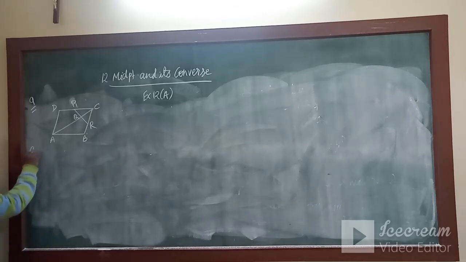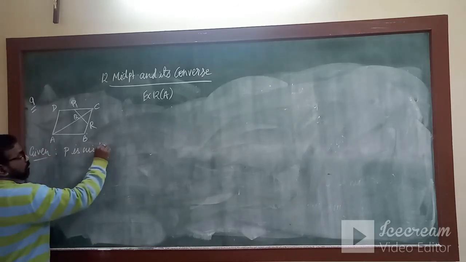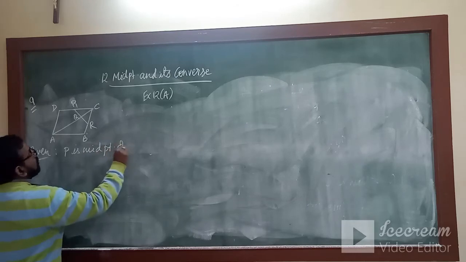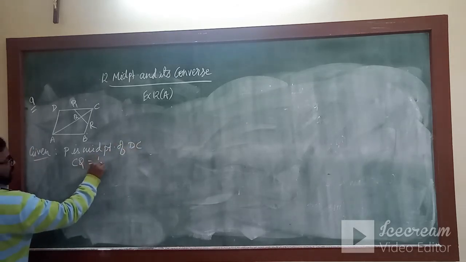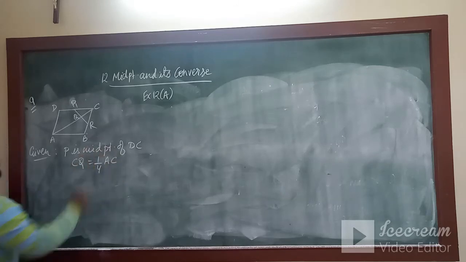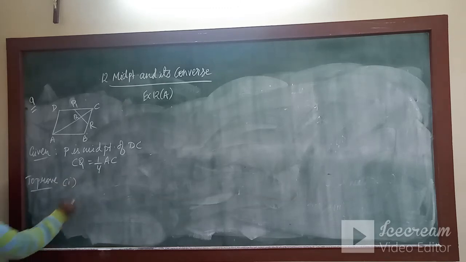So what is given? Given is P is midpoint of BC and CQ is 1 by 4 of AC. Okay, so what we have to prove? Let's see for the very first part.